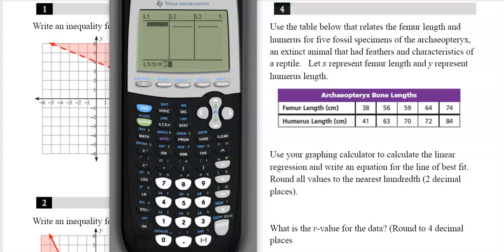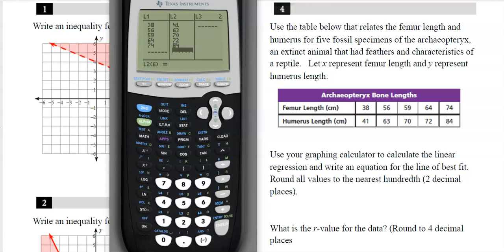So on this side we have 38, 56, 59, 64, and 74. And then on the Y side, enter, over, 41, 63, 70, 72, and 84.